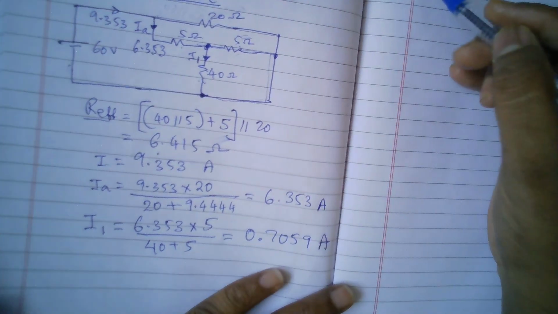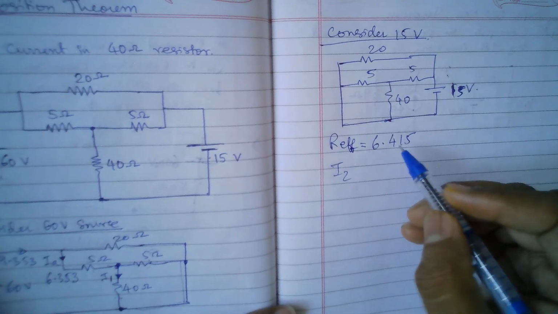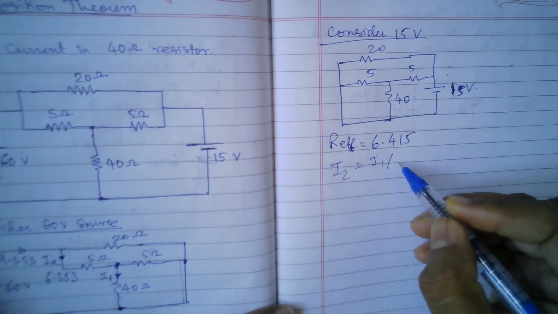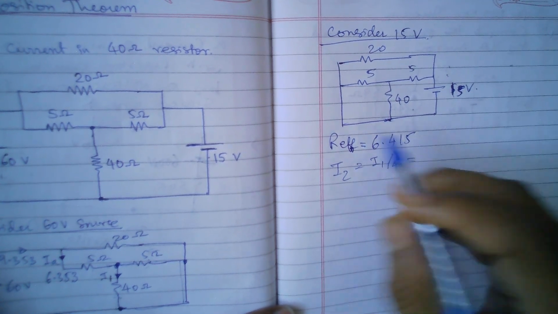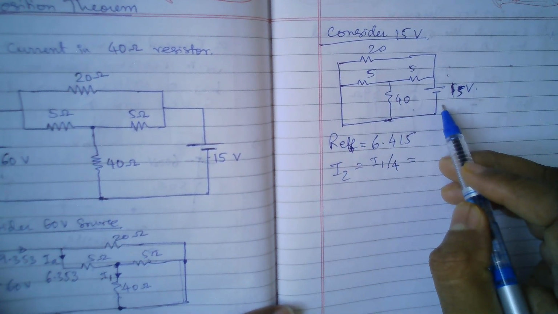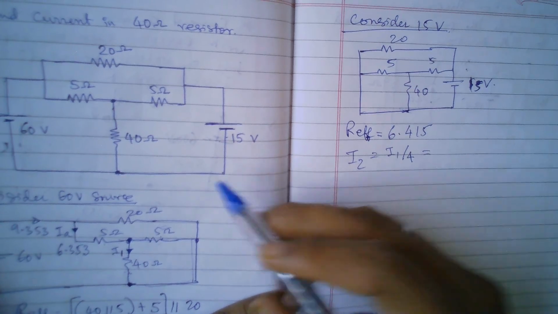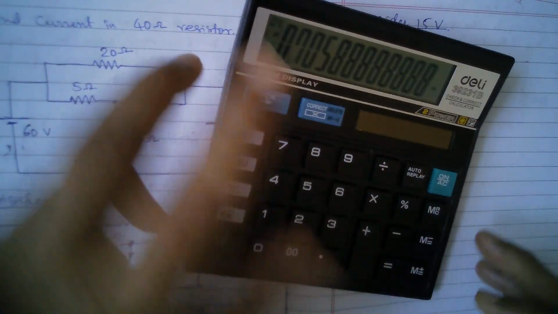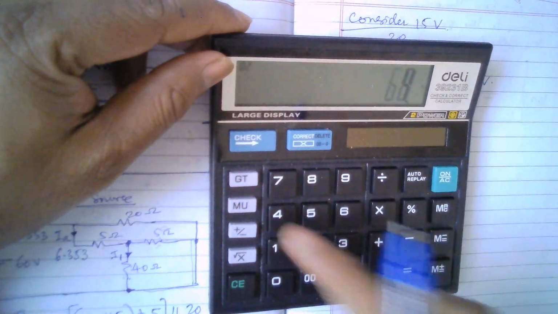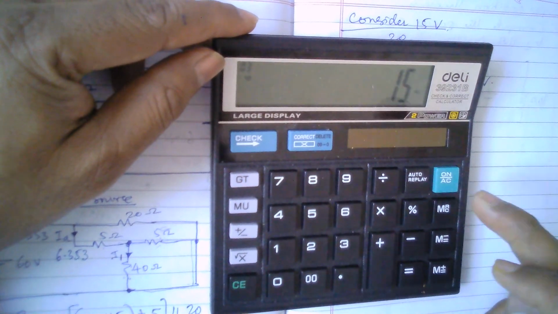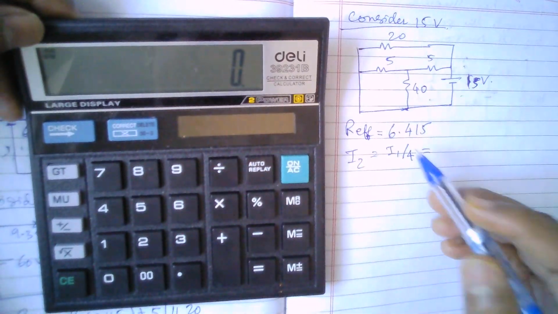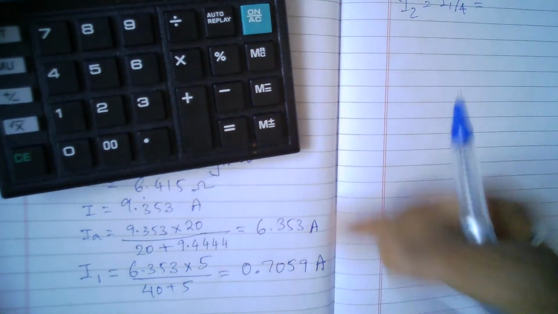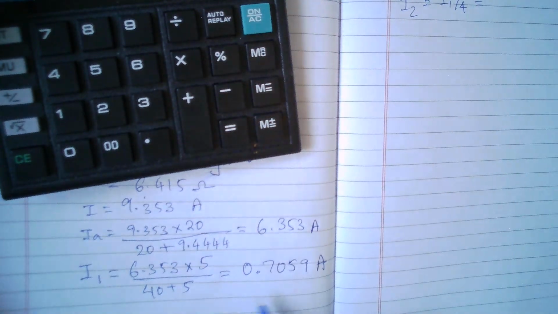So directly I will write I2 will be I1 divided by 4 because the voltage is decreasing by 4 times. So I2 will be I1 by 4. We are taking the advantage of the linearity of the circuit.